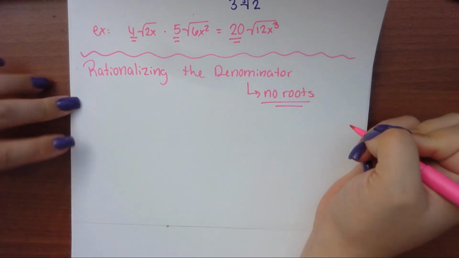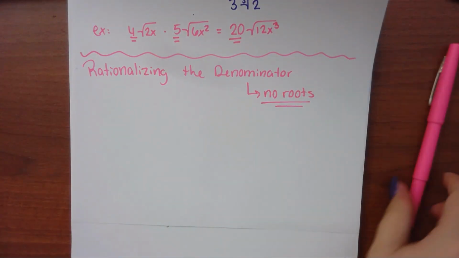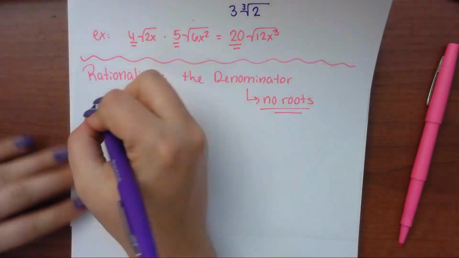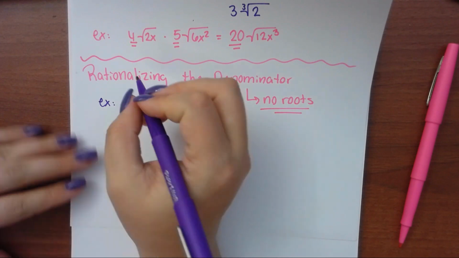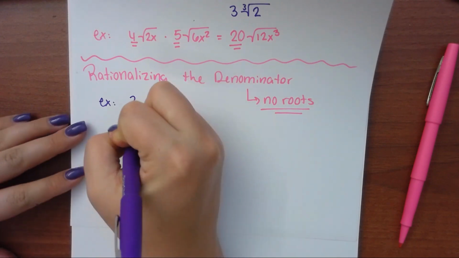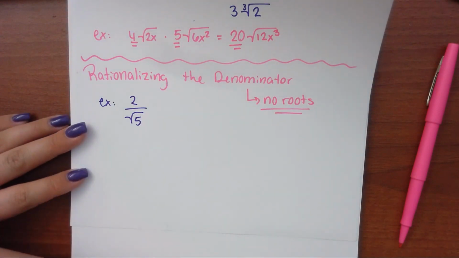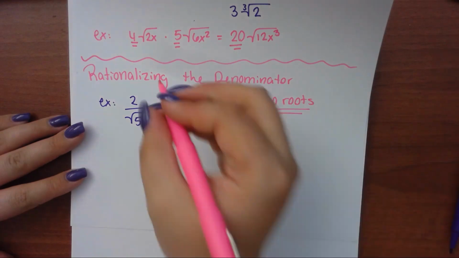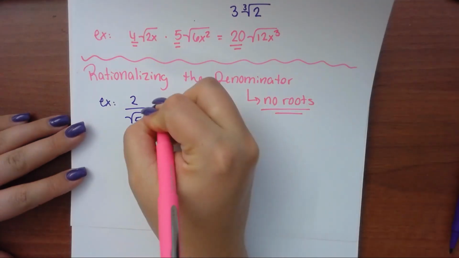So you don't want to have any kind of radicals. So for example, let's say I have the square root of 5 in the denominator. I don't want a radical in the denominator, so to fix this, we multiply numerator and denominator by the square root of 5.